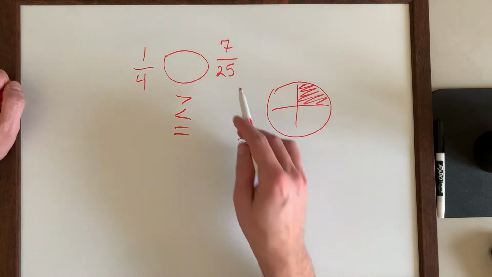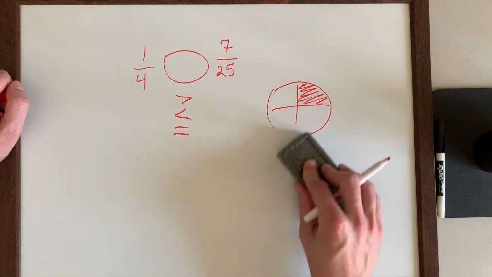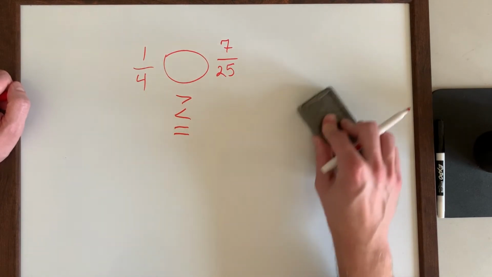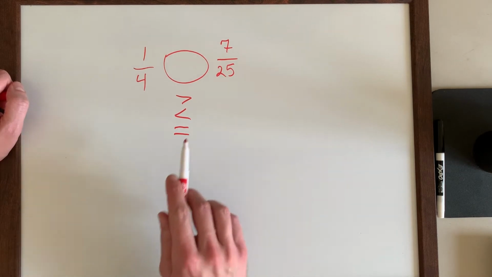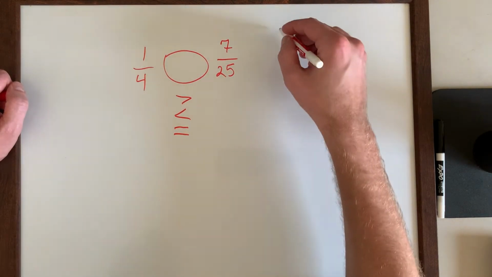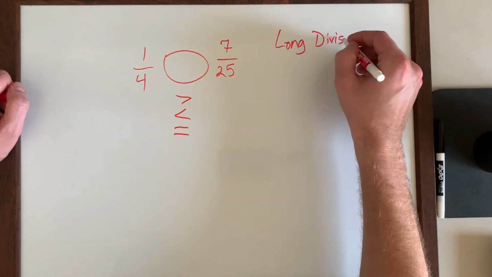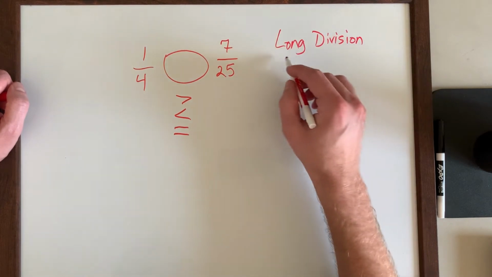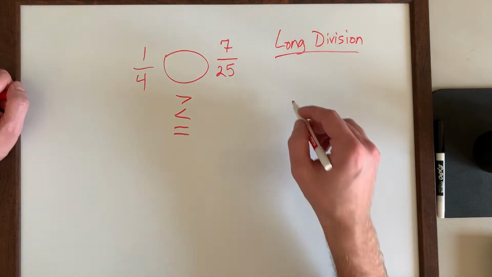Even though you could do it that way, that's time consuming and you need to be a better artist than I am to do that. So we're going to see today a different way to compare these two fractions. We're going to use long division to turn these fractions into decimals, and then we can see which decimal is bigger.